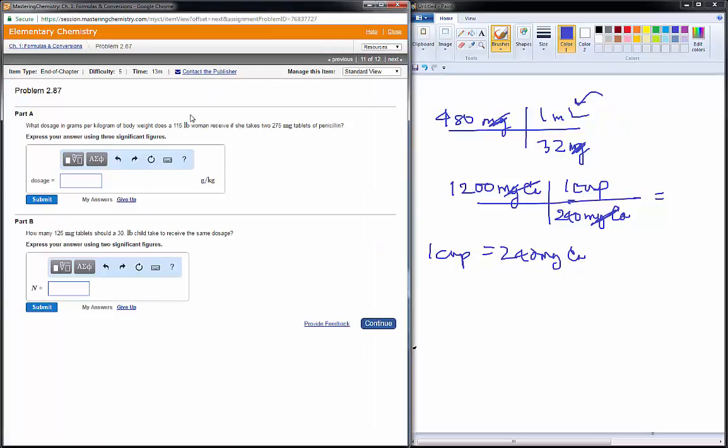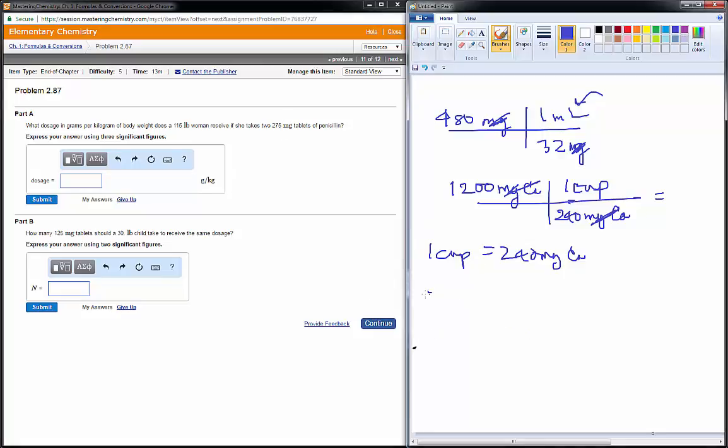All right, dosage in grams per kilogram of body weight. A 115-pound woman takes 2 275 milligram tablets of penicillin. Again, dosage is grams of drug on the top and kilograms of the person on the bottom. So let's start with the penicillin. We've got 2 tablets penicillin, and 1 tablet of penicillin has 275 milligrams of penicillin.